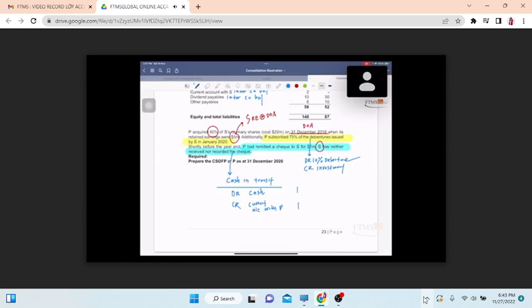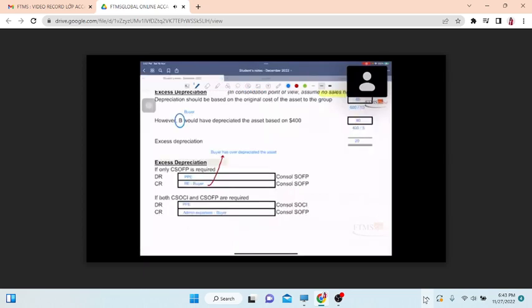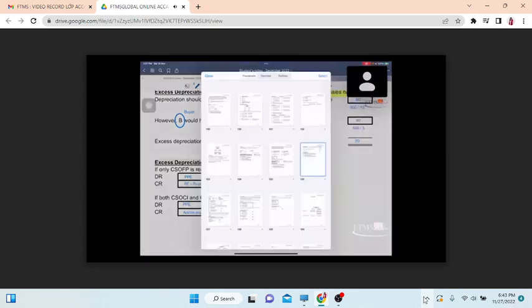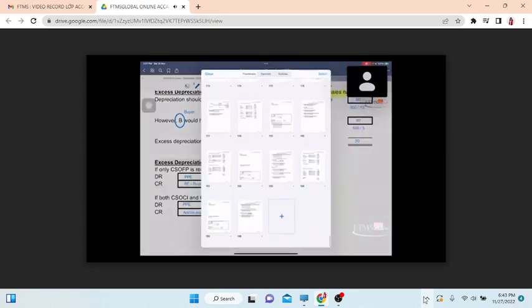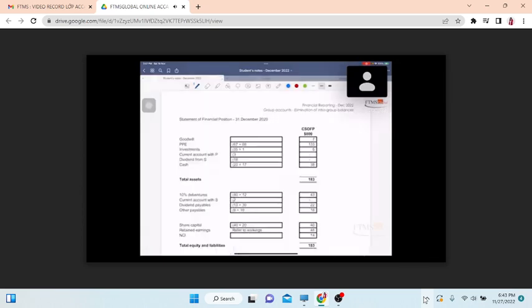Okay, then let's now look at the workings. You need to turn a few pages back. Elimination of intergroup balances.